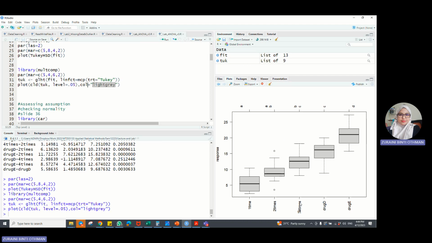They don't share a letter here. 1 only has A, and 4 times only has B and C. They don't share a letter. Personally, I find this table easier to read than the previous table just now.